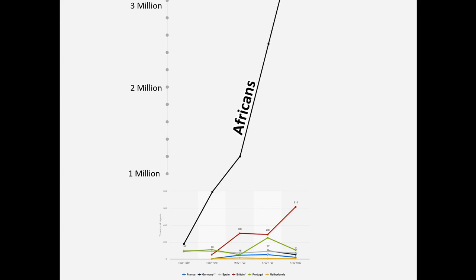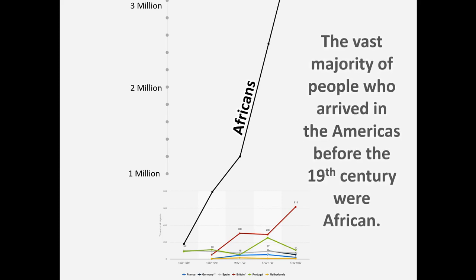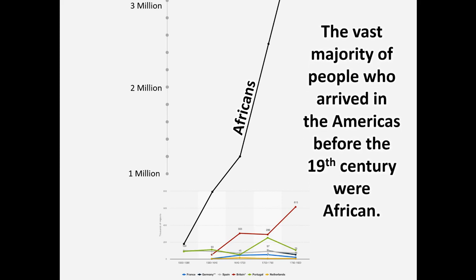I mean, way, way off the charts. As you can see, the vast majority of people who were arriving in the Americas between the early 1500s and mid 1800s were African. It really wasn't even close. And the entire economy of the transatlantic world was supported by the forced labor of these millions of enslaved Africans.